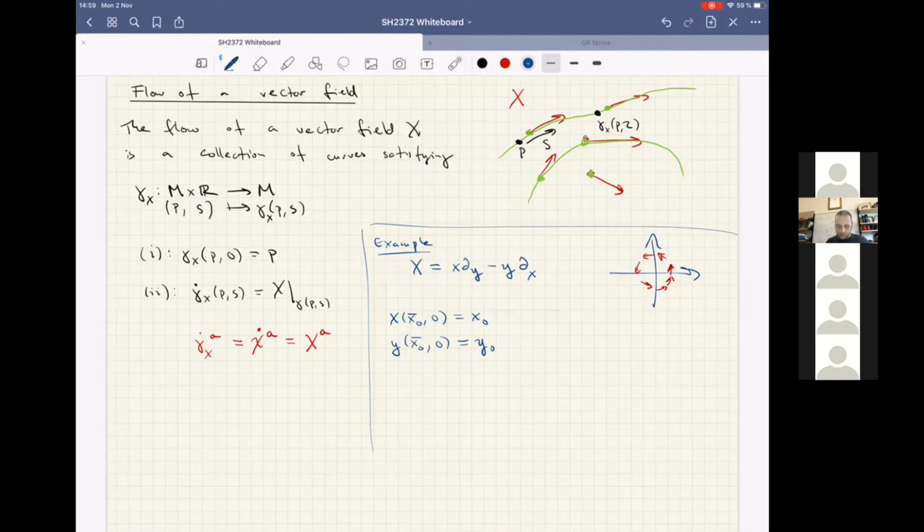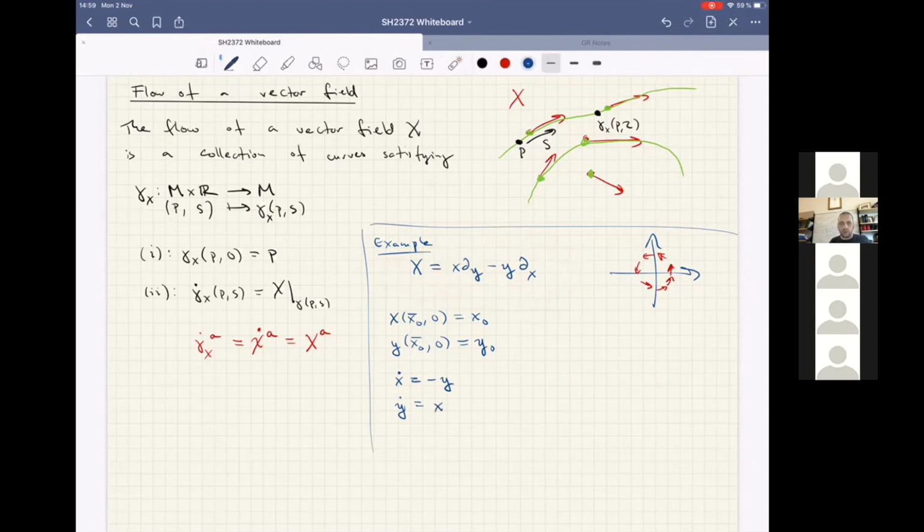And the differential equation that I need to satisfy is exactly this one. So I would have x dot, the x component of this vector field, which is minus y. So x dot equals minus y. And y dot should be equal to the y component of this vector field, which is x.